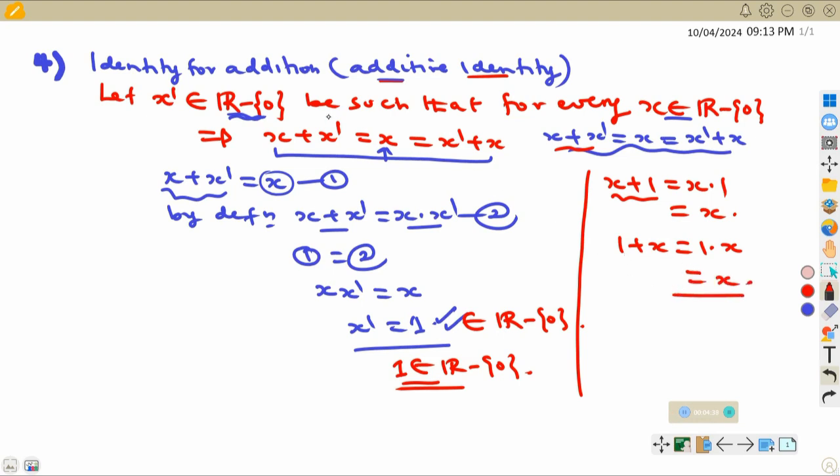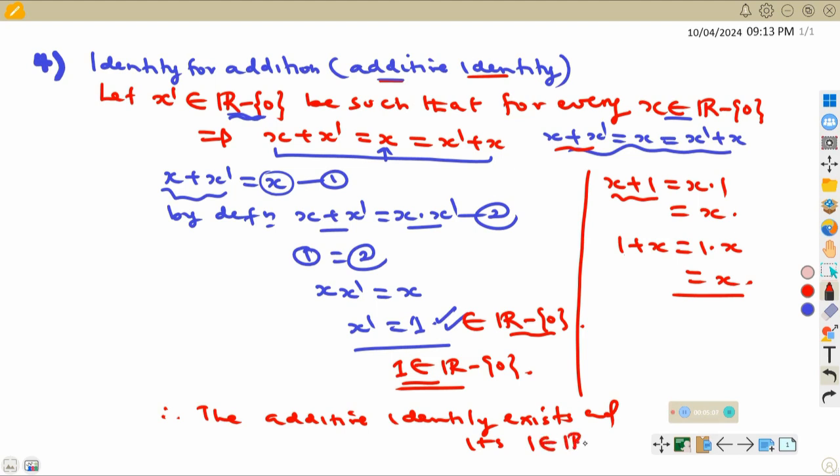So clearly, we can say that the additive identity exists and it is a real number which lies within this given set. So therefore, the additive identity exists and it is 1, which is an element of this given set.